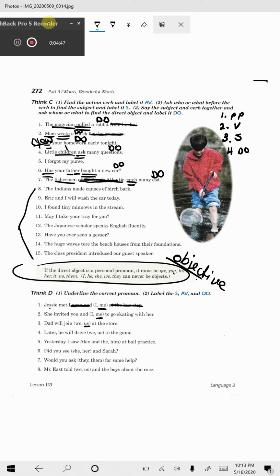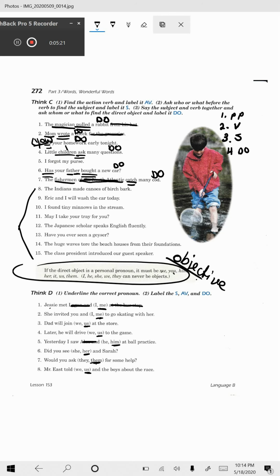Yesterday, I saw him. Did you see she, her and Sarah? Did you see her? Would you ask they or them? Them. They is nominative case. Mr. Case told us.